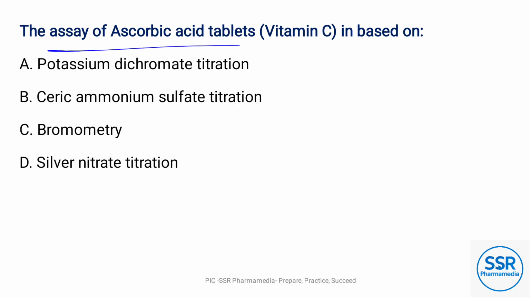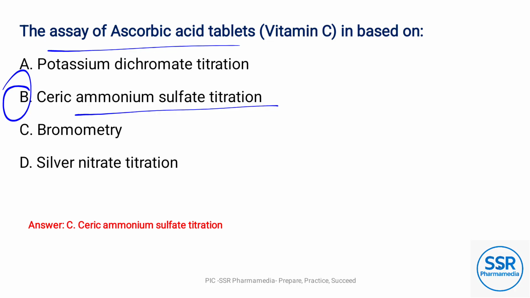The assay of ascorbic acid tablet is based on option B, ceric ammonium sulfate used as a titrant. That means cerimetry. Ascorbic acid is assayed by the cerimetric method.